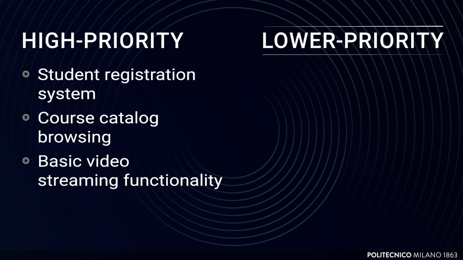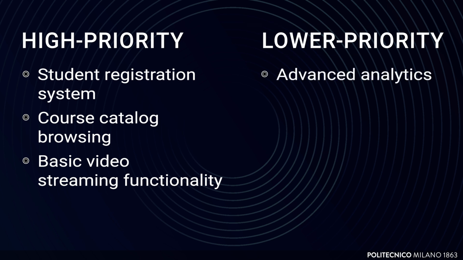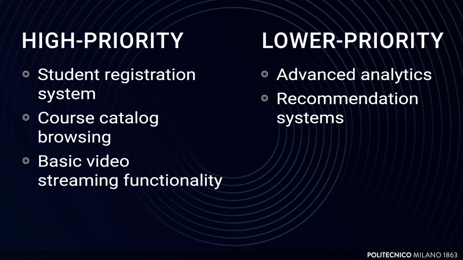Lower priority items, such as advanced analytics or recommendation systems, can be revised in later sprints. The flexible nature of the backlog is vital, allowing it to evolve as new requirements emerge or priorities shift. This adaptability is essential to Scrum's ability to respond to changing circumstances.